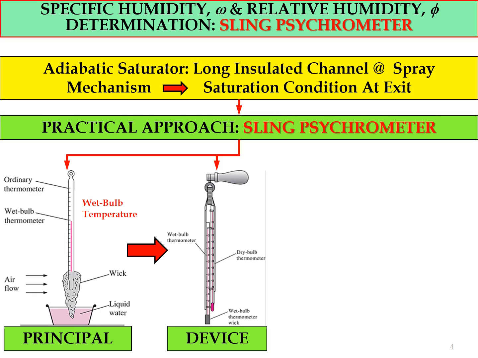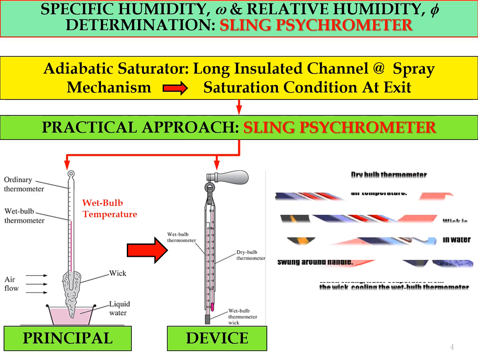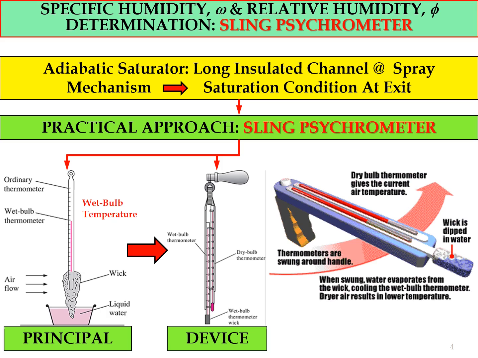Okay, in order to provide the airflow, we need to rotate the sling psychrometer, as shown in the photo. We will get two types of temperature from this device: the wet bulb temperature and the dry bulb temperature. By rotating the sling psychrometer, we provide airflow to the device.